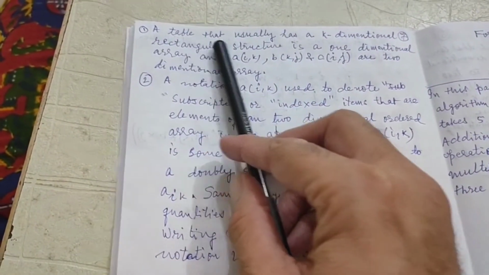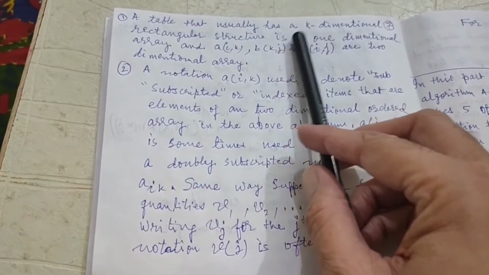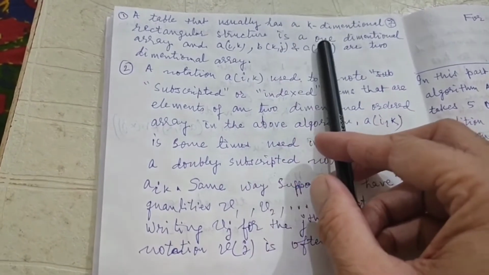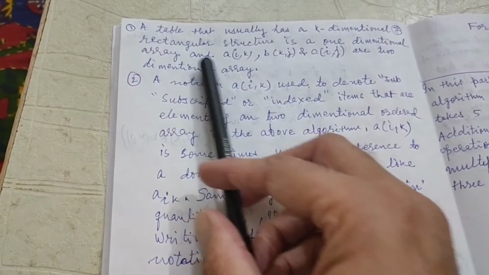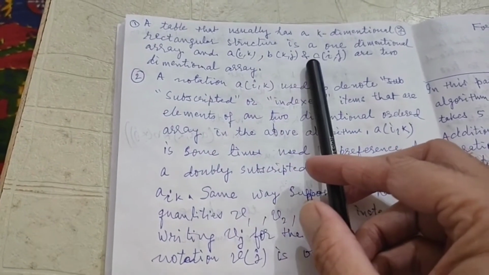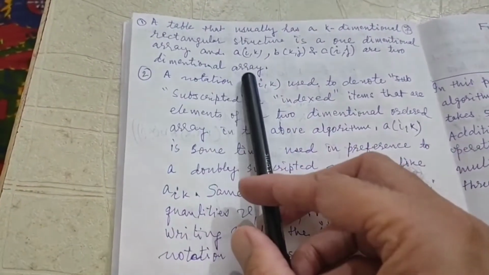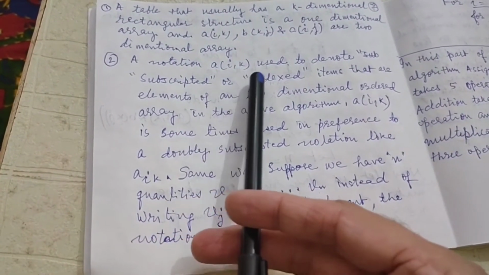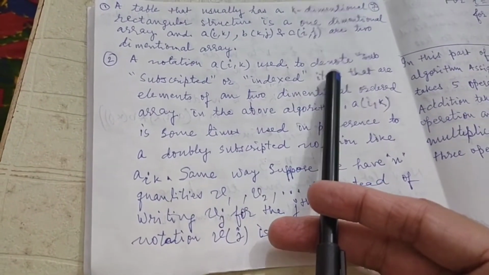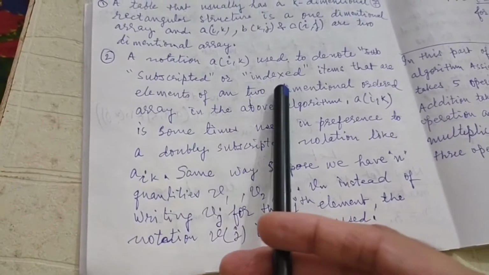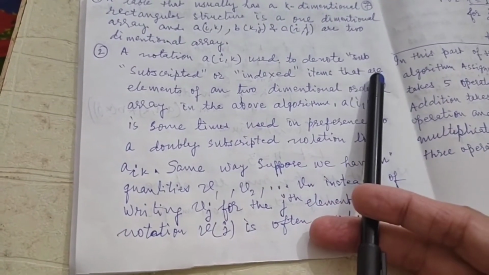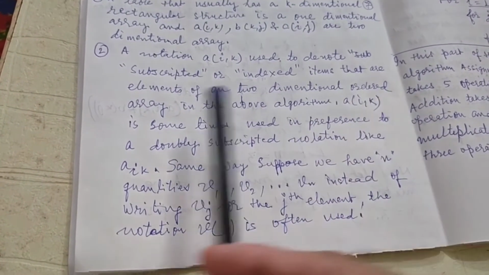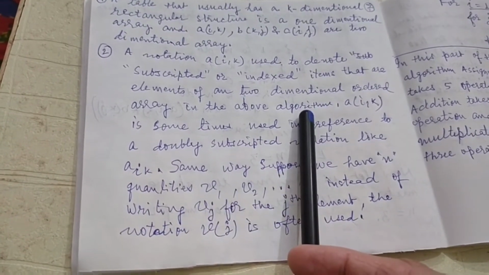A table that usually has a k-dimensional rectangular structure. A[i] is a one-dimensional array, and A[i][k], B[k][j] and C[i][j] are two-dimensional arrays. In notation, A_ik is used to denote subscripted or indexed items that are elements of a two-dimensional ordered array in the above algorithm.